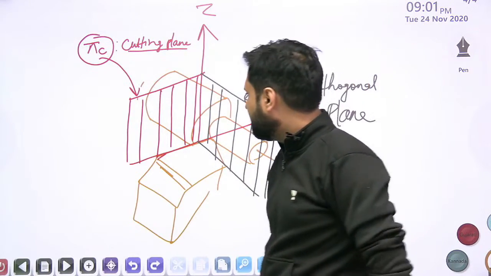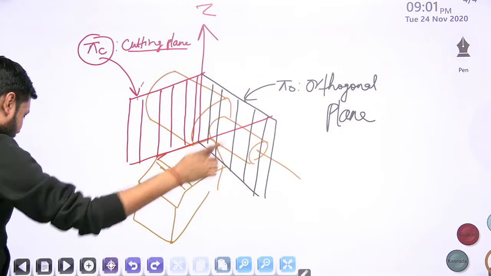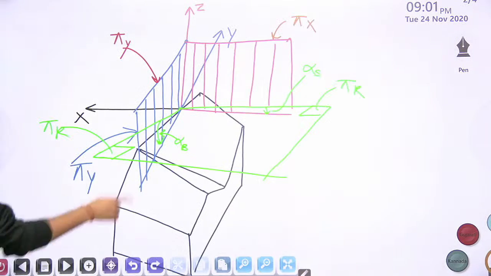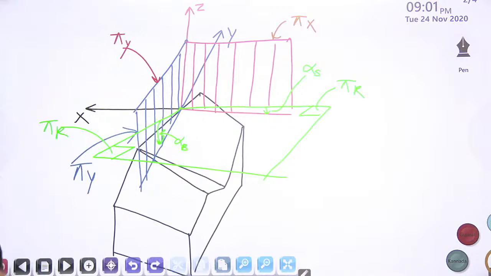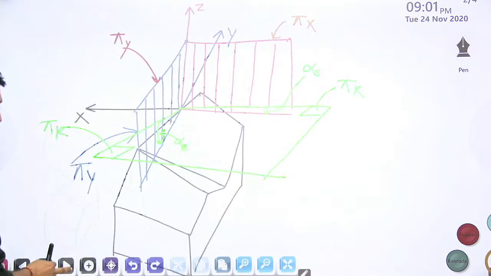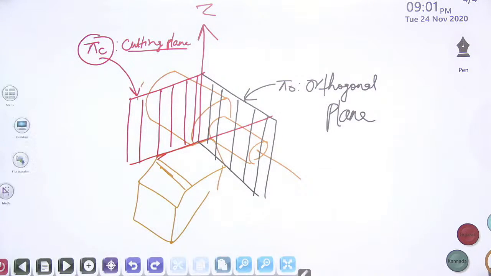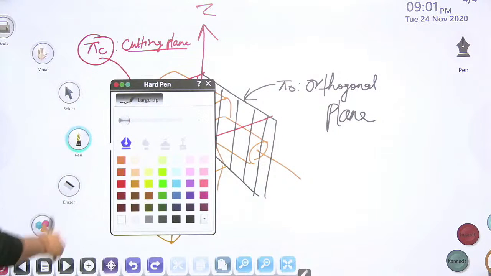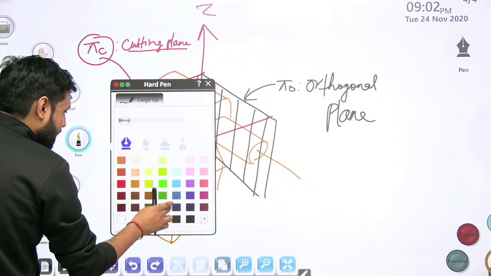Yes, my dear students, now listen to me very carefully. There was another plane in the machine reference system, this green color plane, pi r, the reference plane, parallel to the base of the tool. Now look at this. A similar plane, the same reference plane, will be there in this system as well.